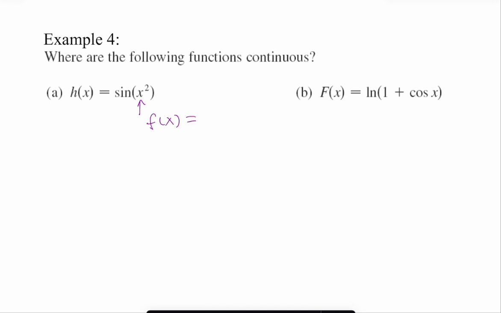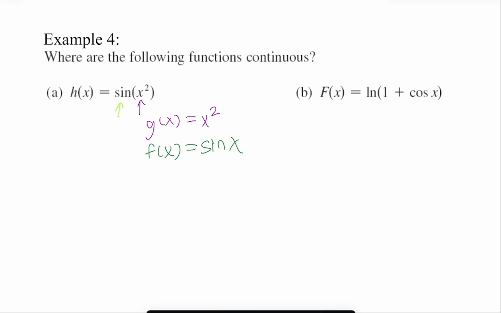One of the things you had to do on the quiz was pull apart two functions and see what composed them. Our outer function, let's call that f of x, is the sine of x. So our inner function is x squared, our outer function is sine of x.